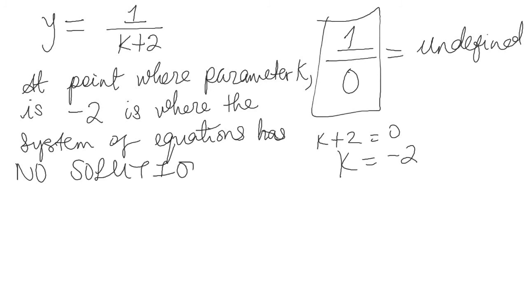That's it. At the point where k equals negative 2, negative 2 plus 2 is 0. So 1 over 0 is undefined. At that particular point, the system of equations has no solution.